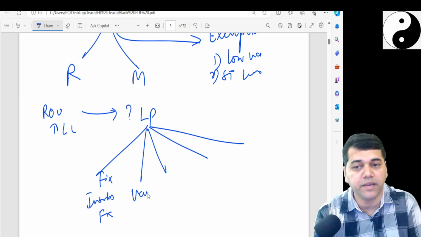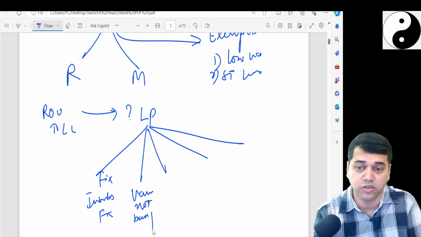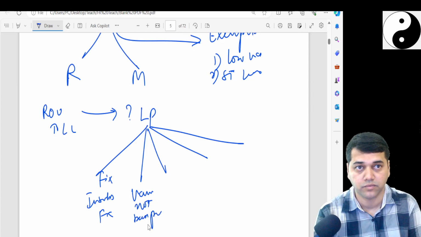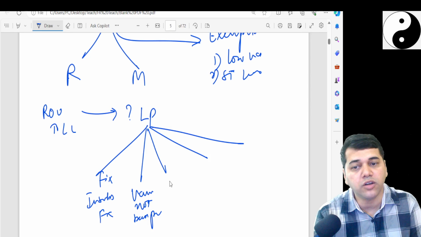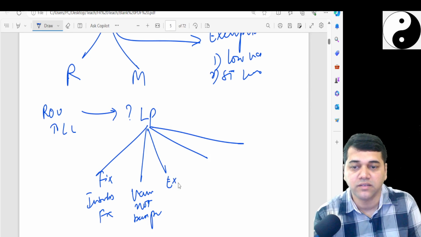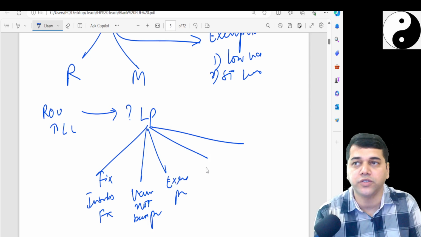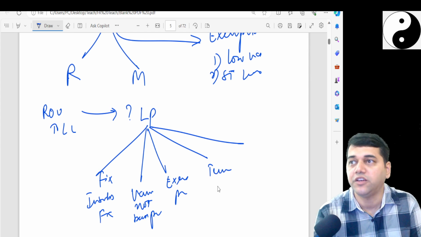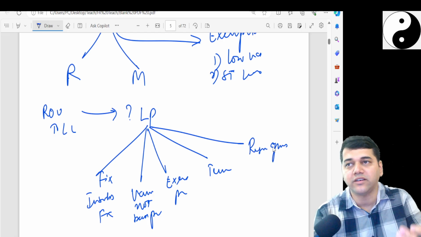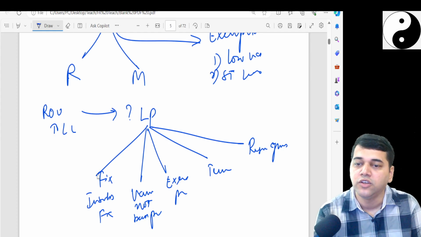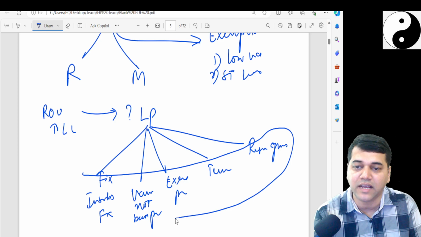Then you have the variable payments, which are not based on performance but on a market rate or index. Then you have the exercise price of the option, and termination penalties, if you are certain in both places. And the last is the residual value guarantee. If the asset doesn't come back to you, you give it back. So you recognize the lease liability with this.